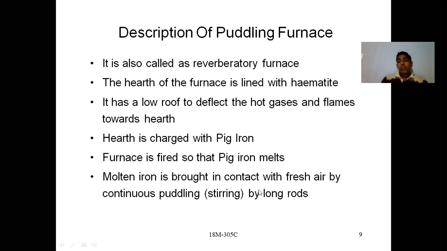To get more contact with the molten metal, we have to stir it continuously, such that the air contacts the molten metal and the impurities can be removed easily by the oxidation process. So these are the constructional details of a puddling furnace.